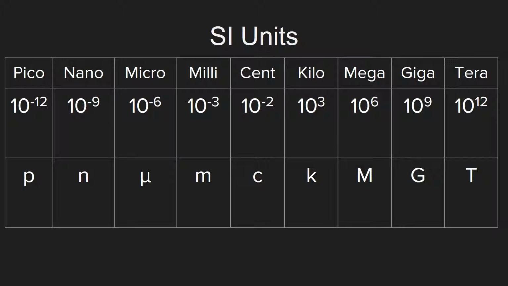A good way I find to remember these is to think, the main SI unit we use is meters. So the next one down is going to be centimeters, and then the next one below that is millimeters.